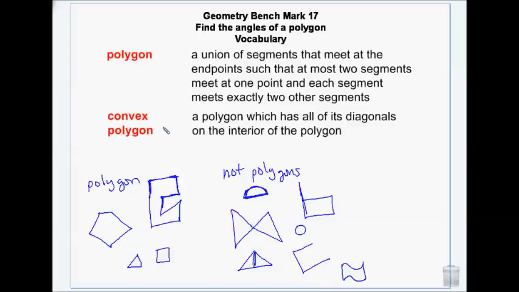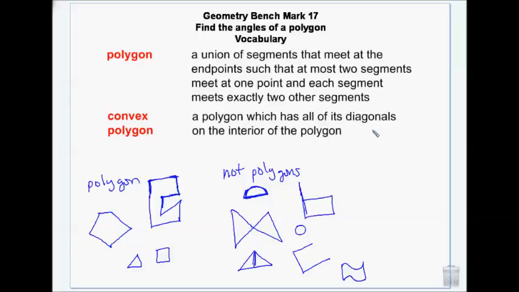Okay. A convex polygon has all of its diagonals on the interior. Okay, diagonals we'll talk about in a second. They go from one corner to another, but not from this corner to this corner. It's not a side, so it would be like this corner to this corner, or this corner to that corner.